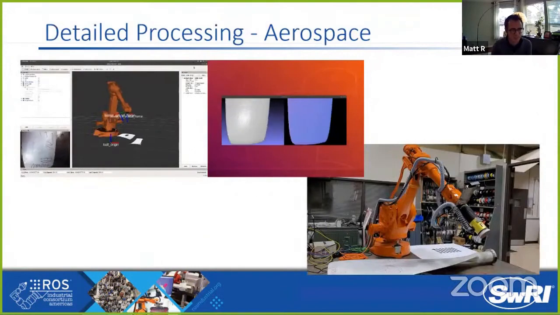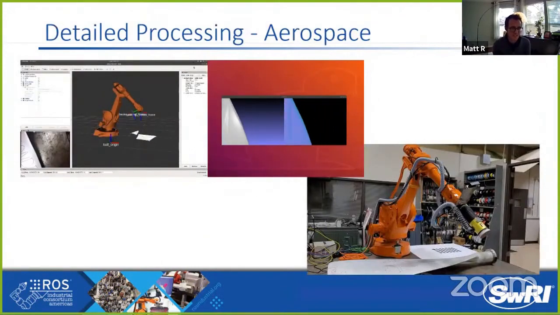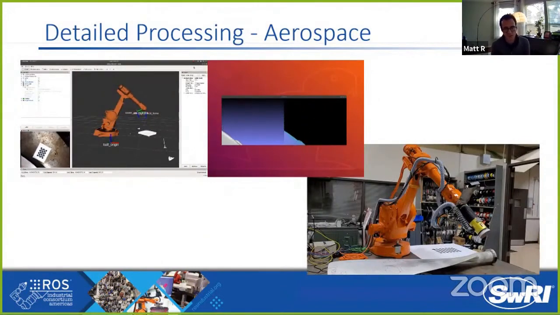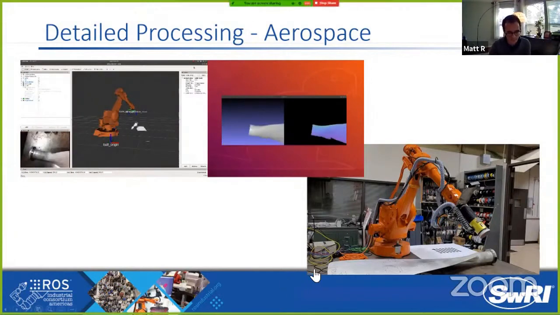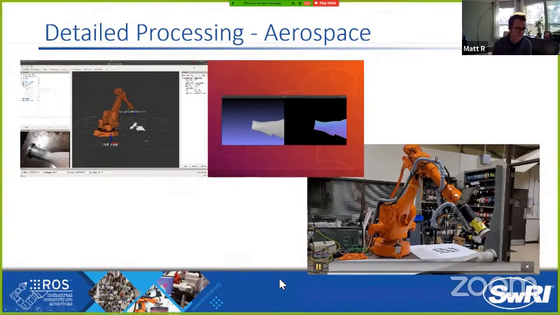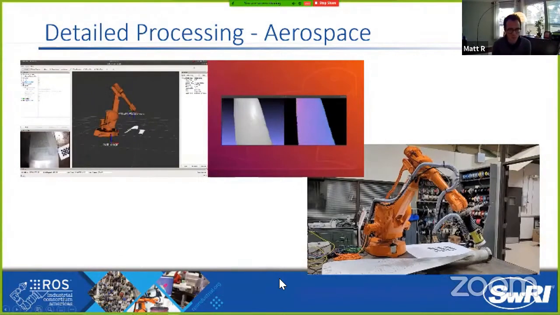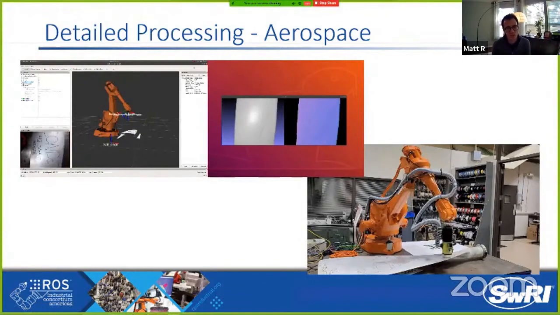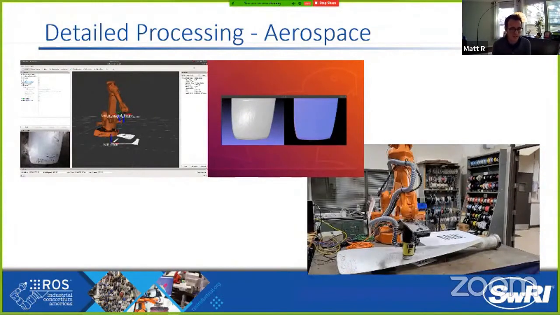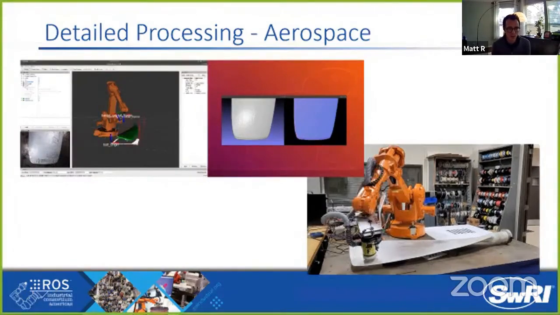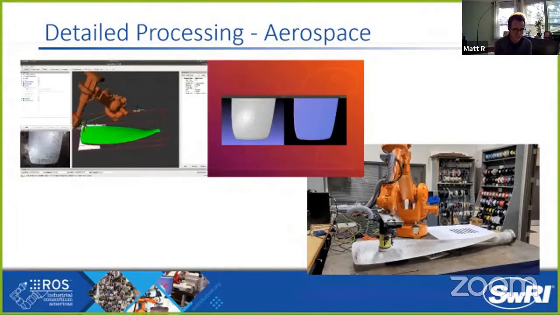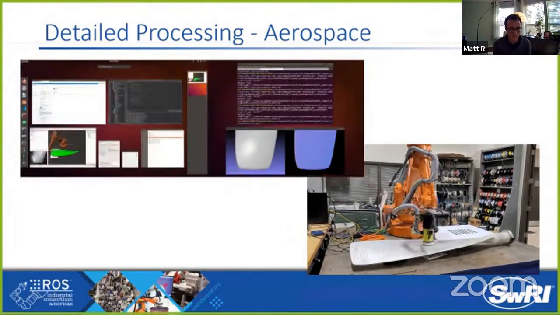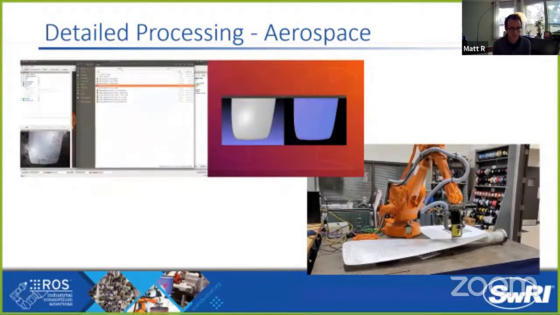Some other more recent developments have been doing some more detailed processing, right? So we start talking about aerospace, applications where we're looking for things at the sub-millimeter level. So what are some enhancements we can do? What level of post-processing analysis or in-process analysis do we need? So we're combining some of these dynamic reconstruction techniques. These are obviously airplane propellers, as you can see.